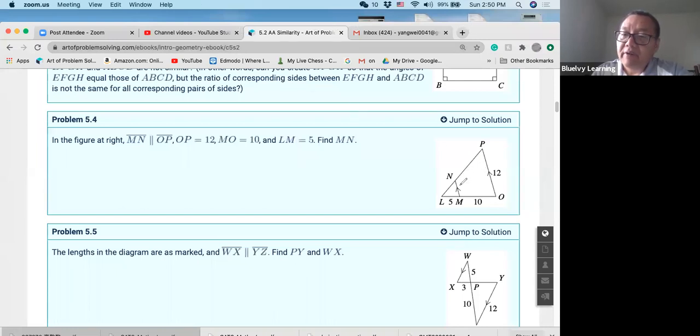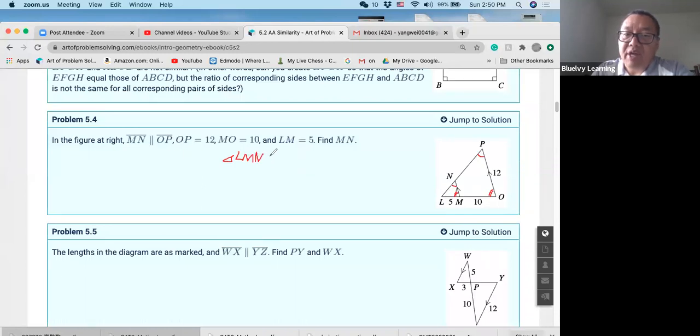See, definitely, because this side is parallel with this side, corresponding angles are the same. This angle will equal this one, and this one will equal this one. So that means these two triangles, LMN, are similar with LOP, right? Ken, you also got it right.